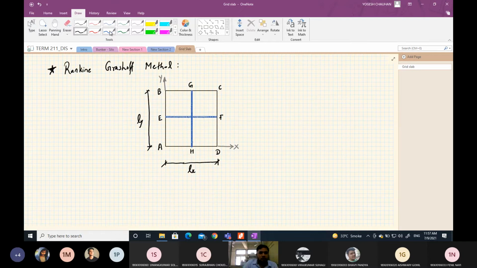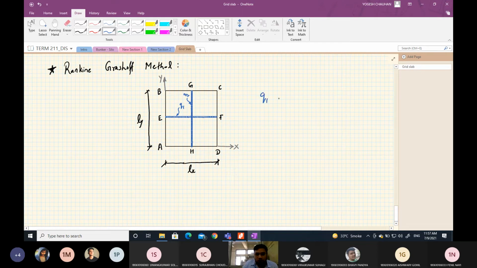Now consider the two strips EF and GH in x and y direction. Let the load on this strip be Q1 and the load on this strip be Q2.